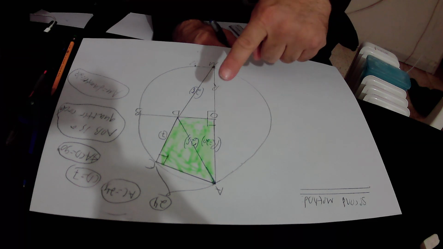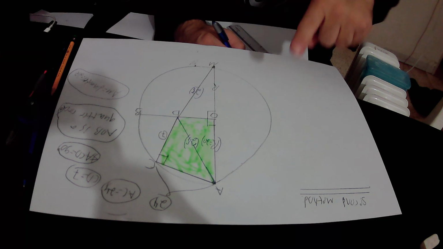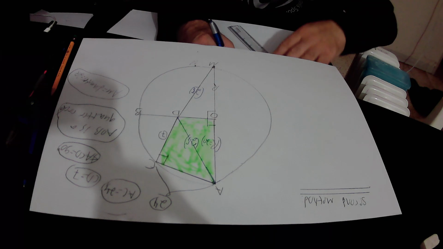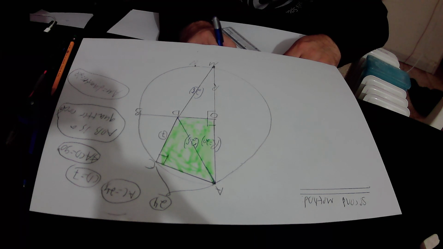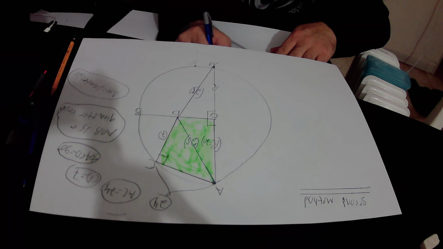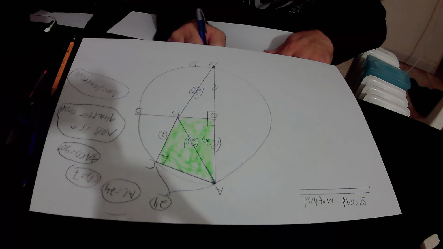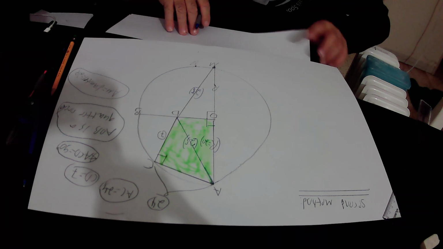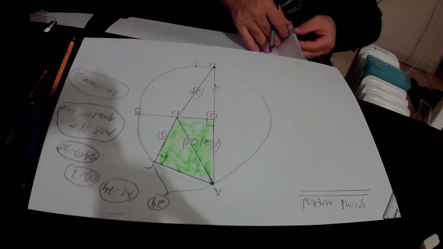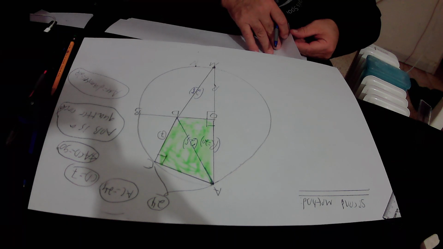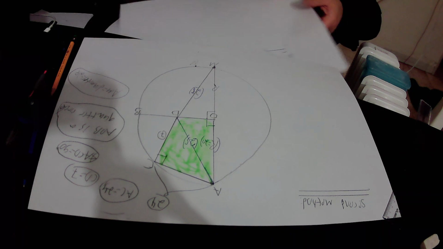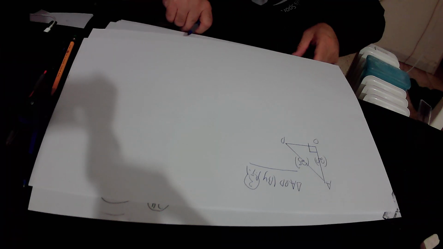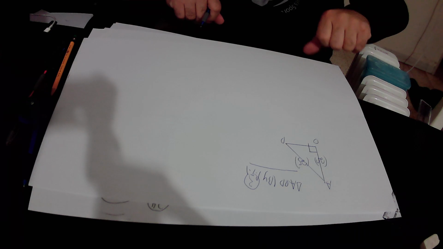The hypotenuse AD equals 25 units and AO is the radius, that is 20 units. So actually this green right triangle AOD is the copy from the original drawing.